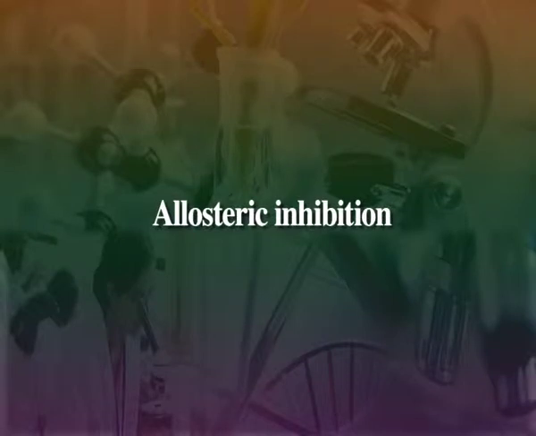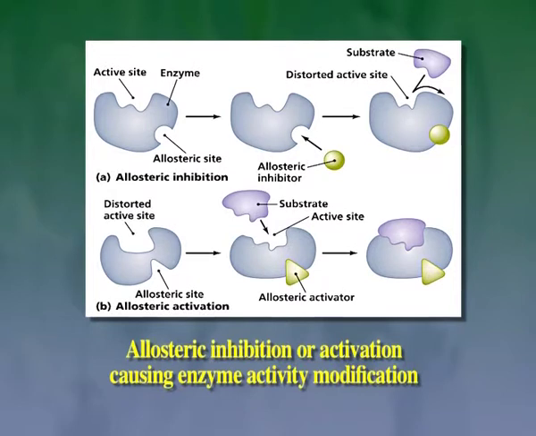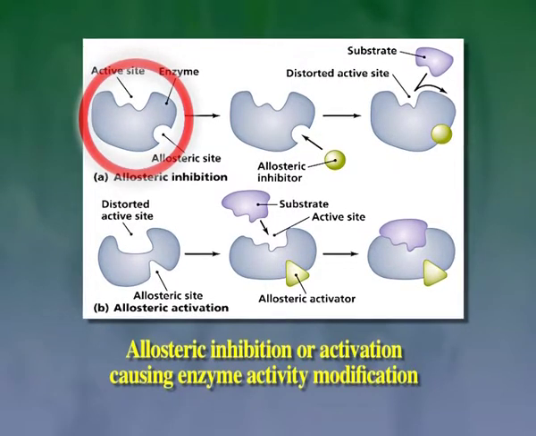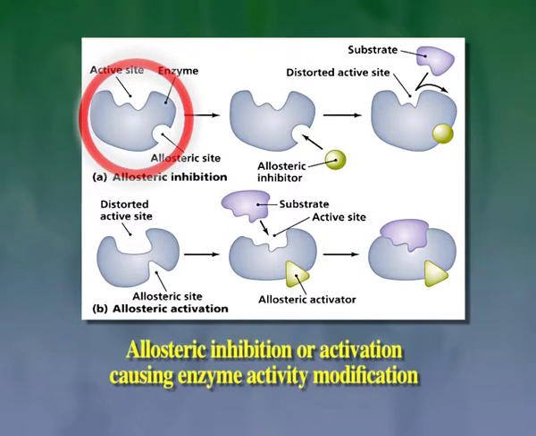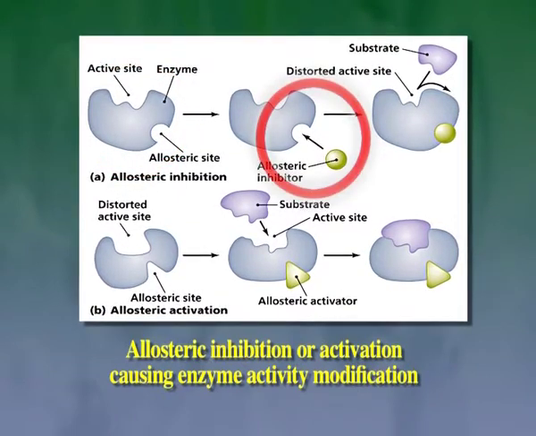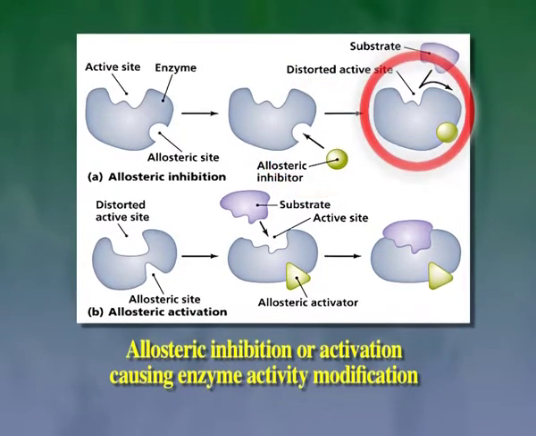The last type of inhibition, a completely different type of inhibition, is allosteric inhibition, which is essential to regulatory enzymes. In allosteric inhibition, an enzyme has a secondary site called the allosteric site, and this allosteric inhibitor or modifier binds to this allosteric site and closes or distorts the active site.